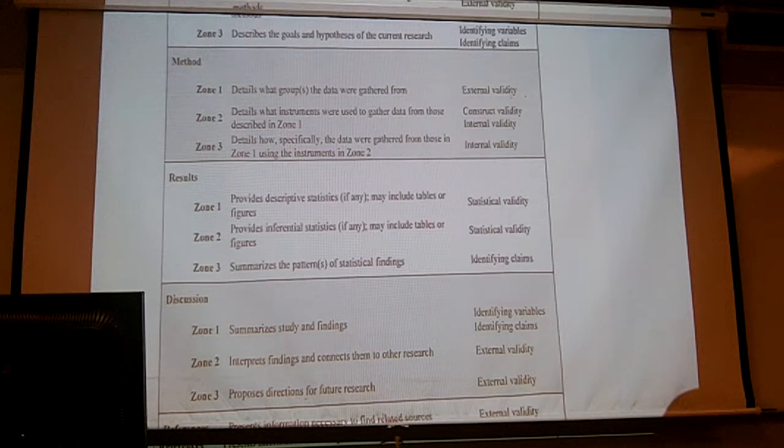So when you're reading a description of a study, and I ask you to identify the independent variable, think about what groups are being compared. If the study is comparing males and females, then your independent variable is sex. If the study is comparing people who have severe, moderate, and no depression, then your independent variable is depression, or level of depression.